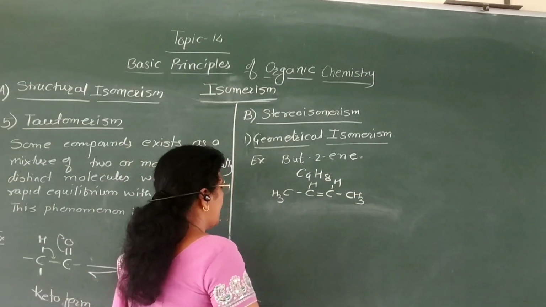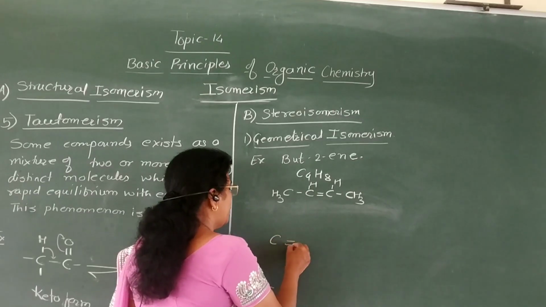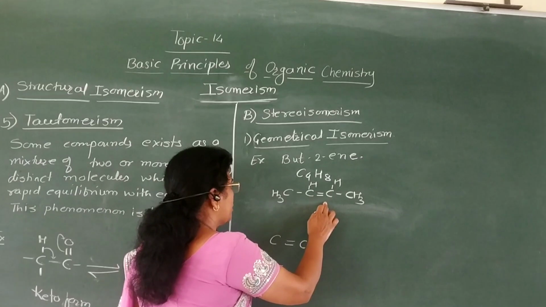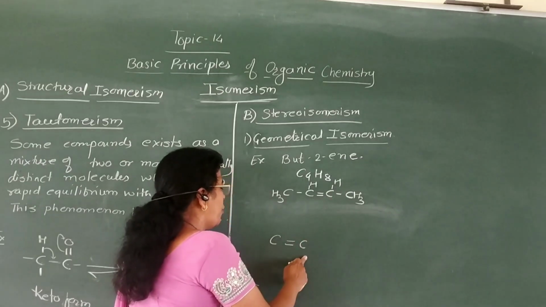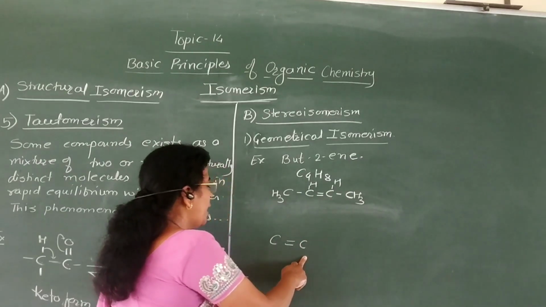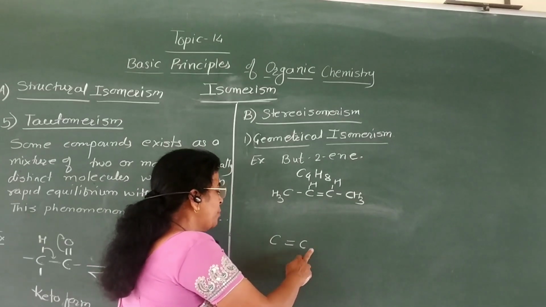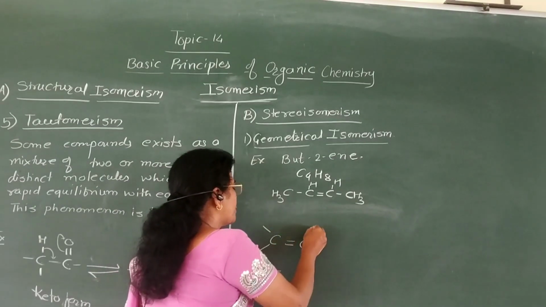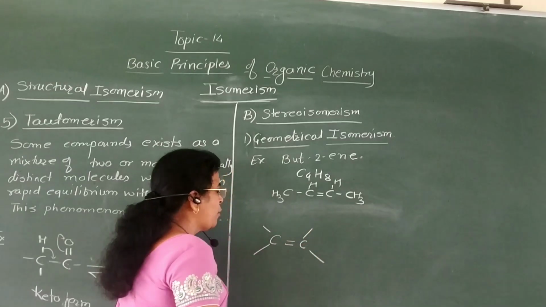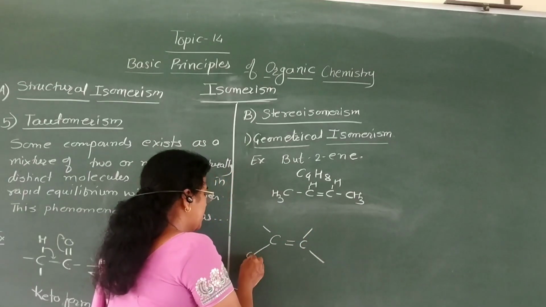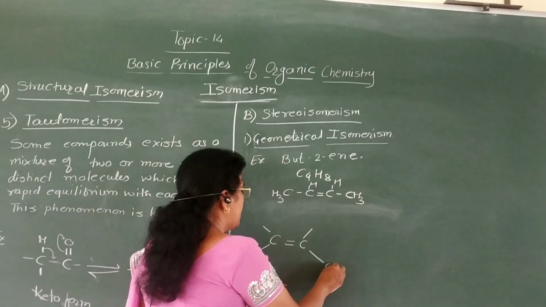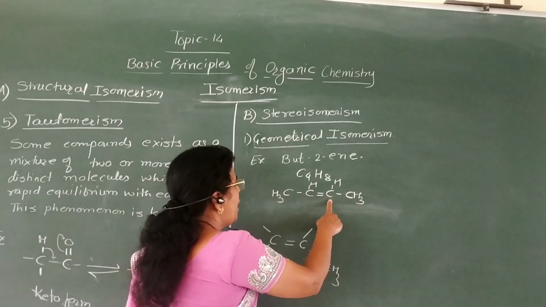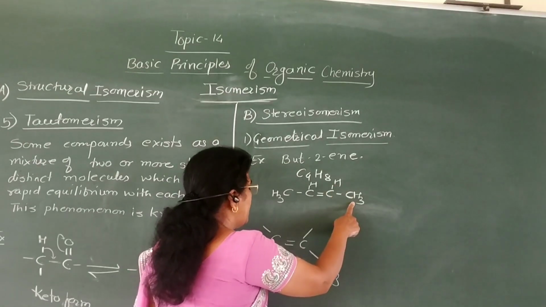Now in this case, the atoms or groups attached to the double bonded carbon atoms can have different geometry like this. If the similar groups lie on the same side of the double bond like this, CH3, CH3. Now this carbon atom is bonded to a hydrogen atom and a CH3 group. This carbon atom is bonded to hydrogen and a CH3 group.